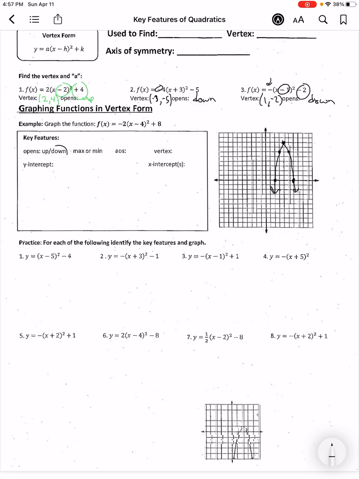So again, we know that it opens down. That makes our vertex a maximum. And again, the vertex is located at 4, 8. The axis of symmetry would be x equals 4. Our x-intercepts would be located at 2 and 6.